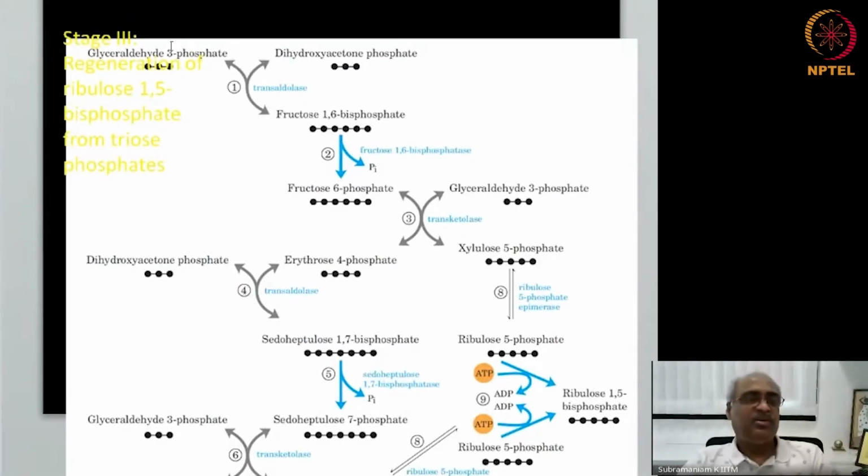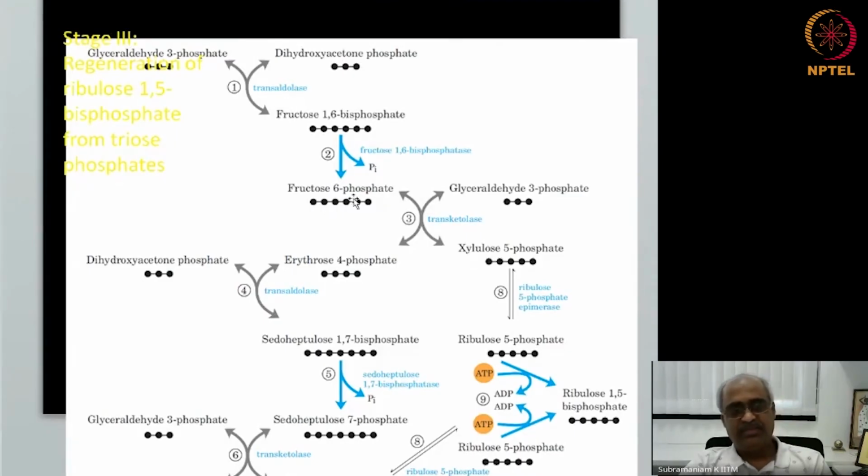So here you have glyceraldehyde 3-phosphate and dihydroxyacetone phosphate, 3 carbon, making the 6 carbon fructose bisphosphate. And the phosphatase removes 1 phosphate, giving you fructose 6-phosphate. This is an irreversible reaction, strongly exergonic due to the hydrolysis of the phosphate group, and therefore it goes only in this direction.